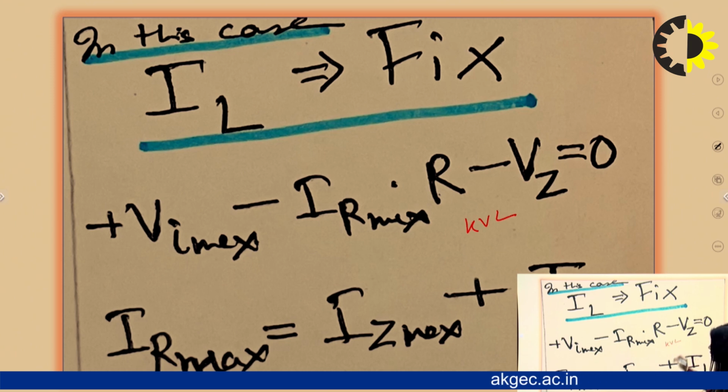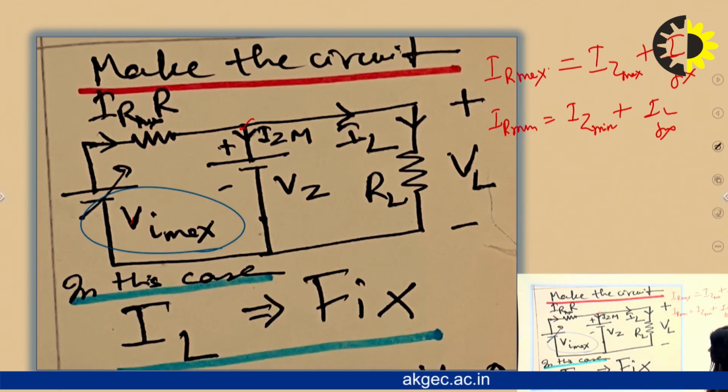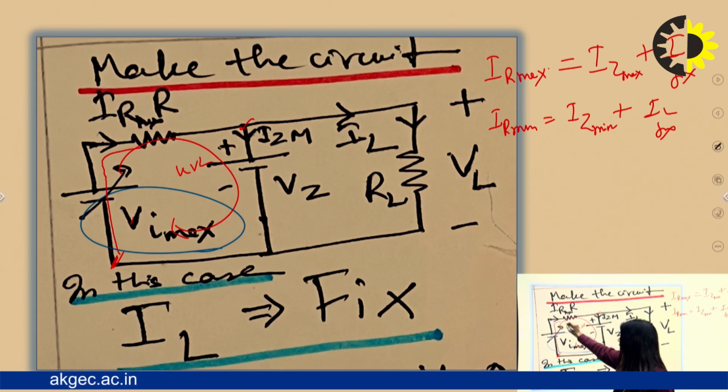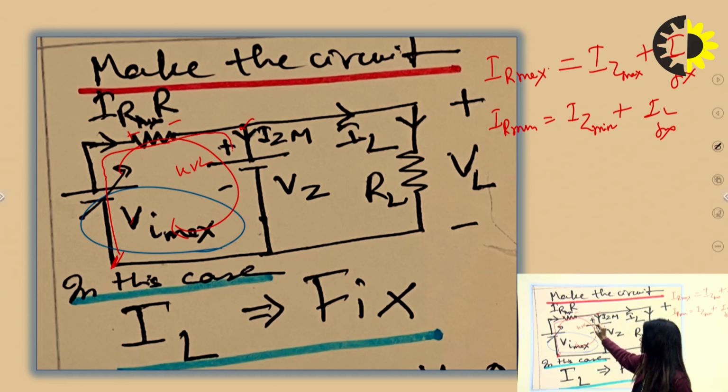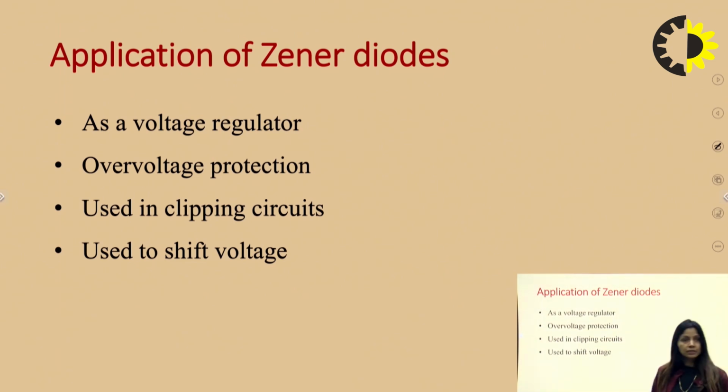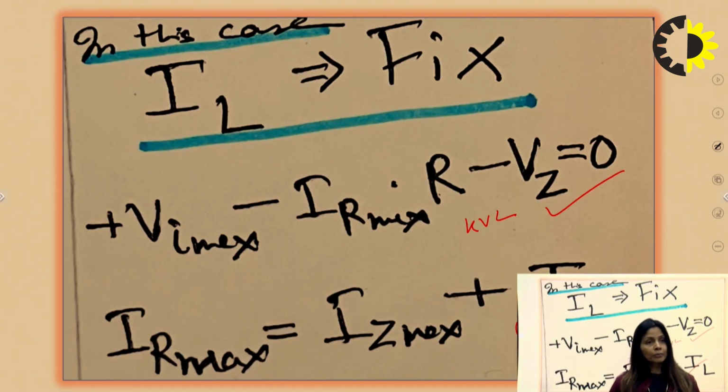This particular equation is coming from here. Applying KVL, start from here: plus Vi max minus IR maximum into R minus Vz, returning to the point, and this equation can be formed. This I already told you, and using these equations you can solve the numerical.